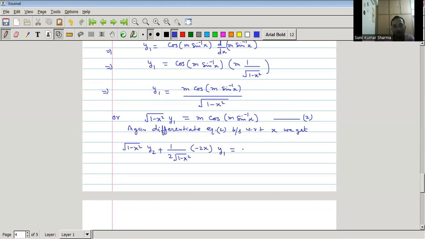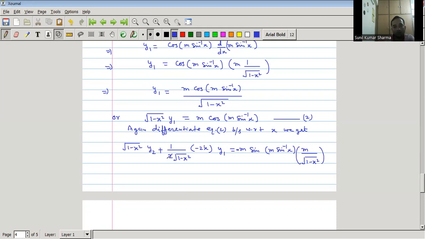That is m times the derivative of cos, which is minus sine m sine inverse x, and the derivative of m sine inverse x, that is m upon under root 1 minus x square.